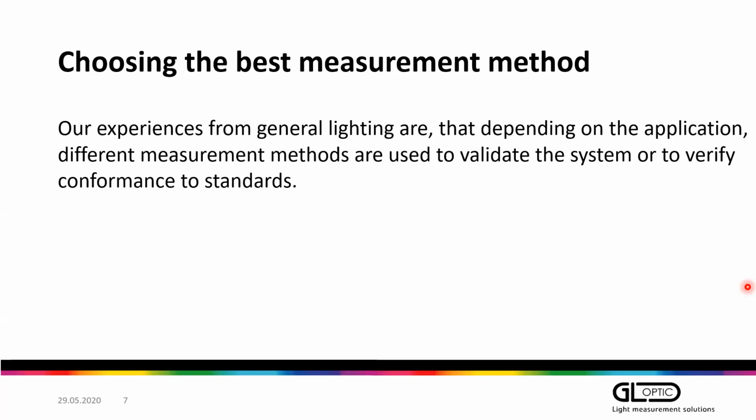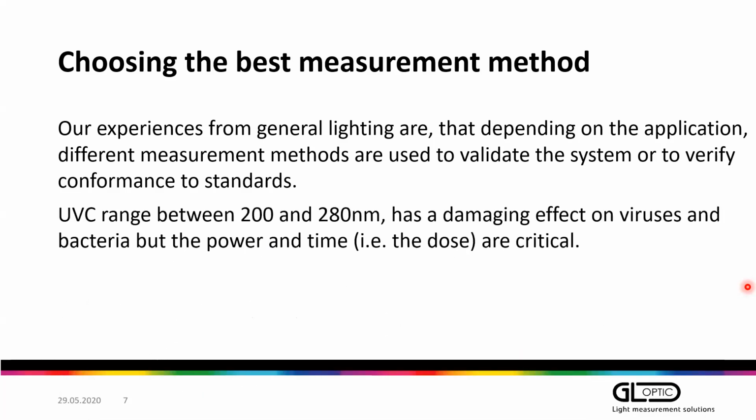Whether it's a validation or conformance to the standard, we can choose different methods. In case of disinfection applications, which is the most critical nowadays, we are talking about measurements in the range between 200 and 280 nanometers, because this is the most effective part of the radiation to kill or inactivate viruses.